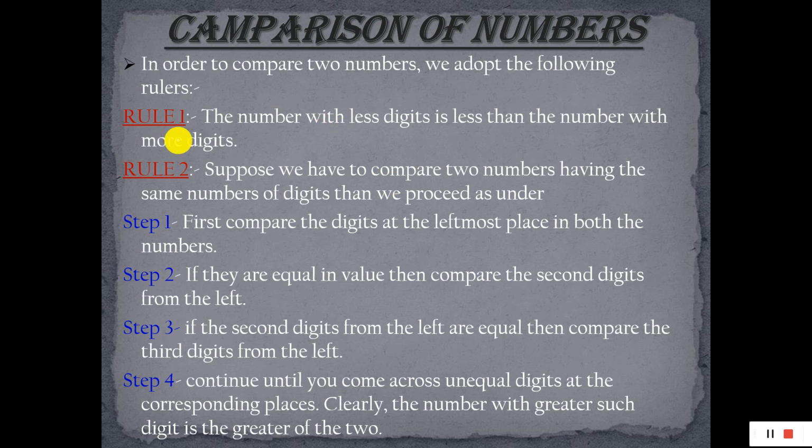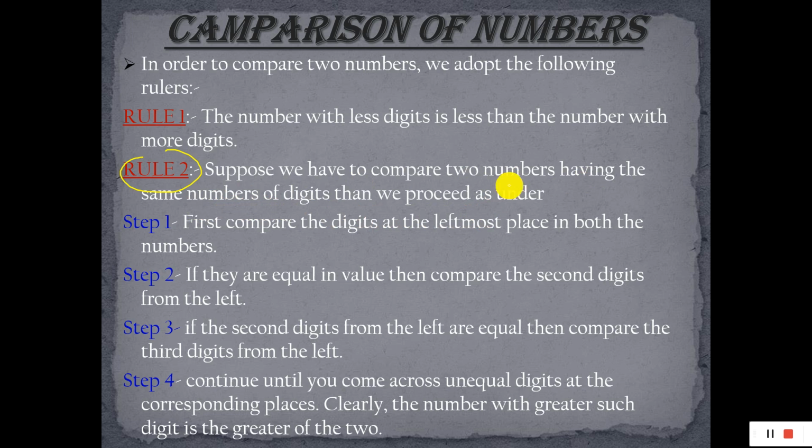Now the second rule is, suppose we have to compare two numbers having the same number of digits, then we proceed as follows.